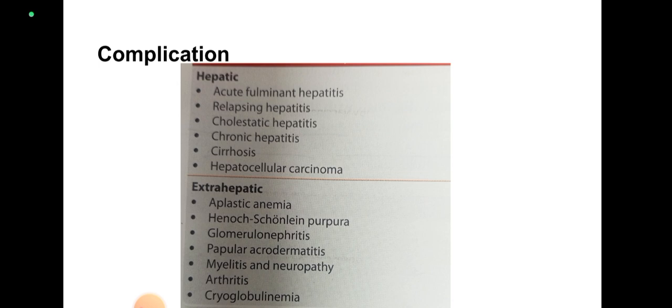Complication of jaundice may be hepatic or extrahepatic. Hepatic complications are acute fulminant hepatitis, relapsing hepatitis, cholestatic hepatitis, chronic hepatitis, cirrhosis, and hepatocellular carcinoma.